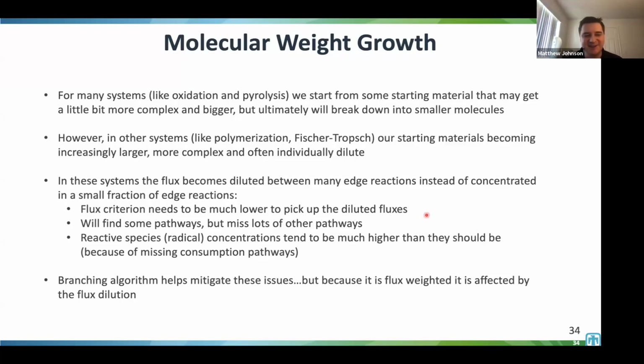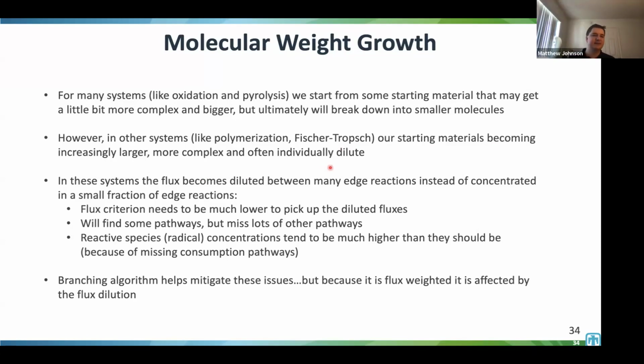With most combustion cases, you're primarily going to get CO2 and water at the end. However, in other systems, say polymerization or Fischer-Tropsch synthesis, our starting materials are going to become increasingly larger, more complex, and often individually dilute.